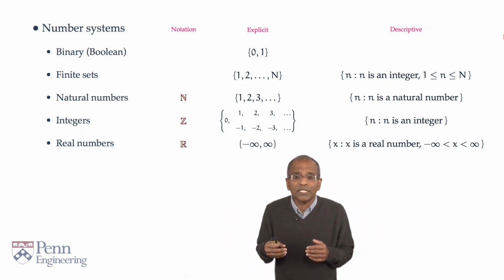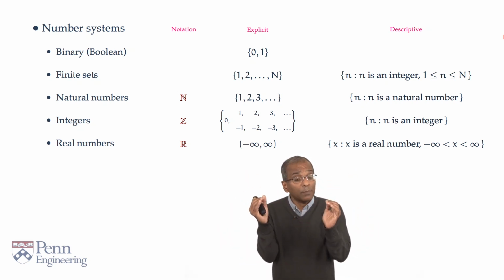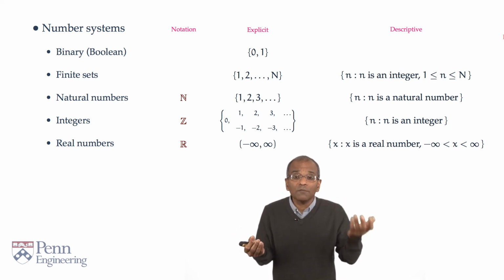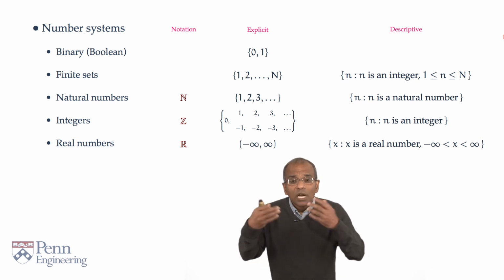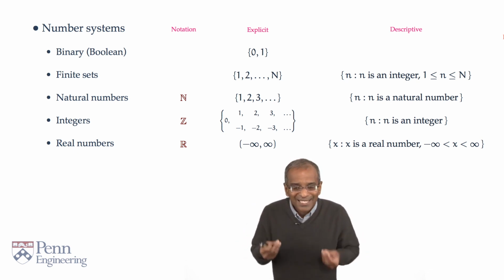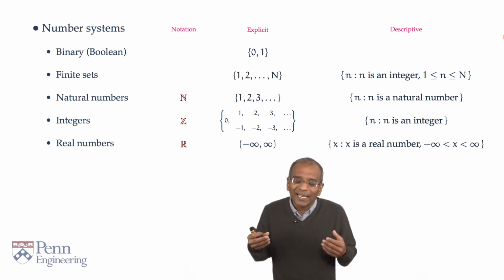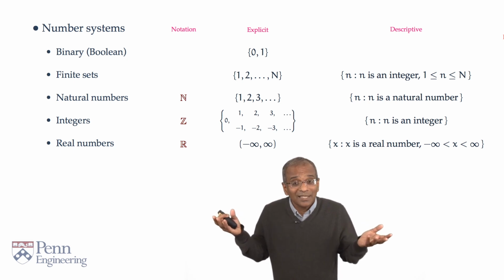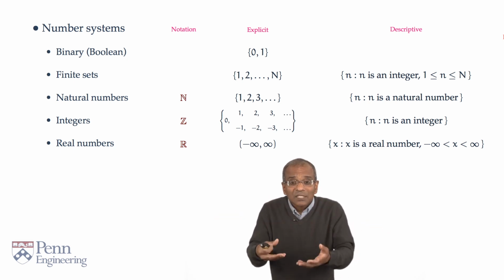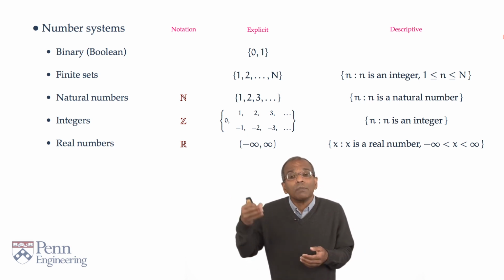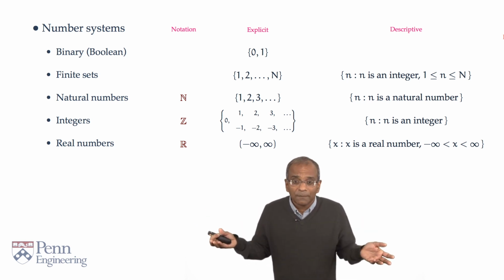We sometimes represent it by an open interval, familiar from calculus, running from minus infinity on one hand to plus infinity on the other. And we describe it by saying it's a collection of objects x. Why x? Again, because it is inconceivable I call a real number anything else, isn't it? And x must satisfy the following properties. It is a real number in the range from minus infinity to plus infinity.